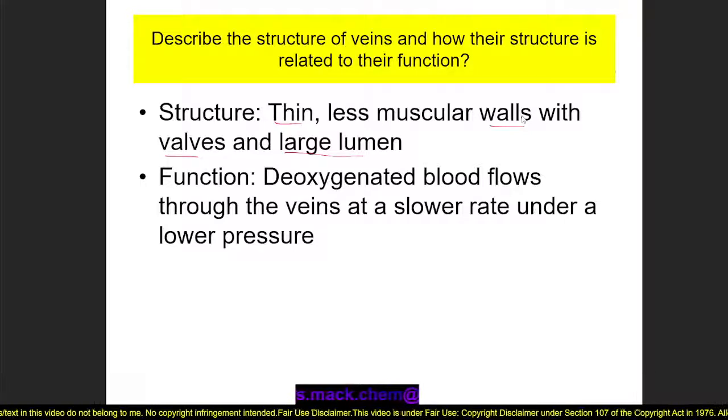The structure of the vein is important to the function, because veins allow the blood flow of deoxygenated blood at a slower rate or a lower blood pressure. And these thin walls with that large lumen allow for a slower rate of flow of deoxygenated blood.